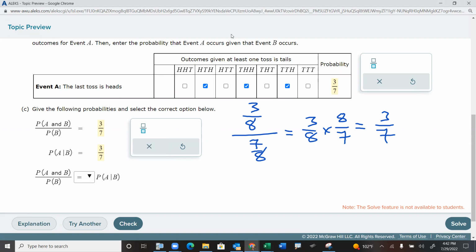So the point of this problem is to show that the formula for conditional probability is right here. That's the formula for it. They are equal. Now, like I did say before, I find it easier a lot of times to just ignore the formula and just reason it out. Either way is fine. They're both great. But that's just me.